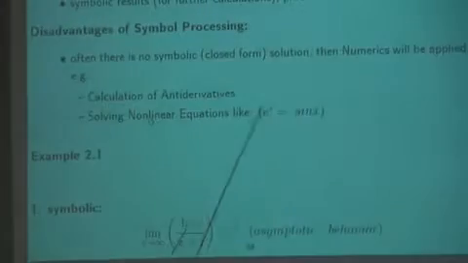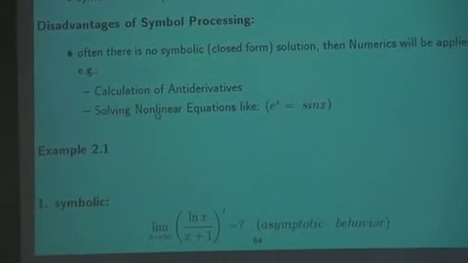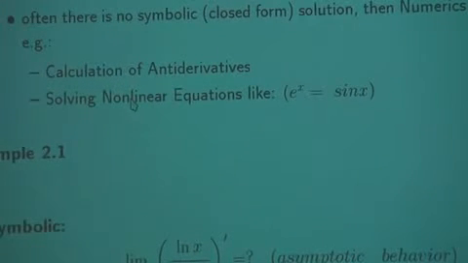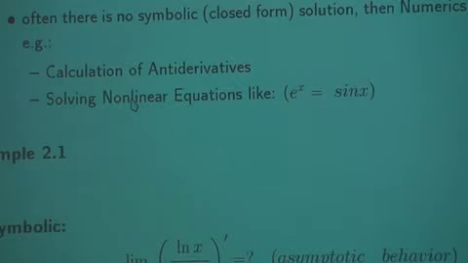Look at this equation: e to the power x is equal to the sine of x. It's a pretty simple equation. No chance to find a symbolic solution. No, there is no easy symbolic solution.